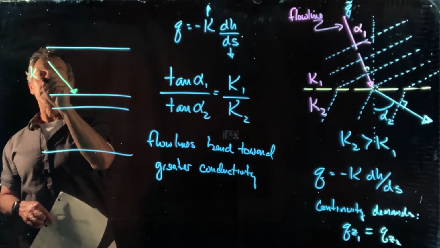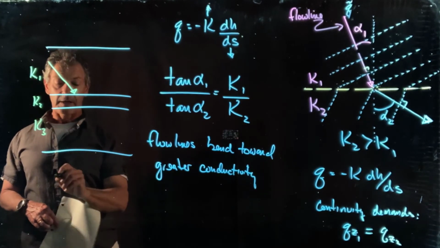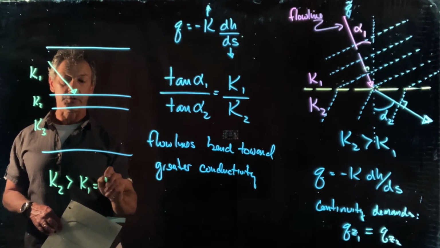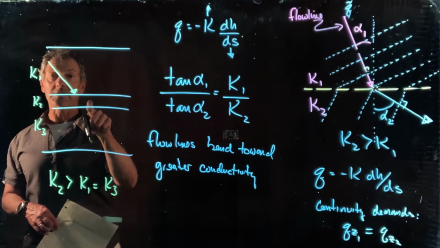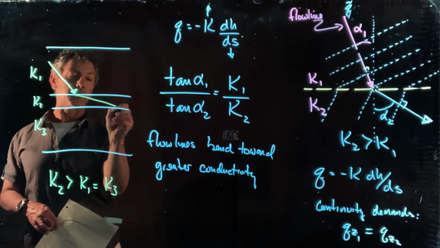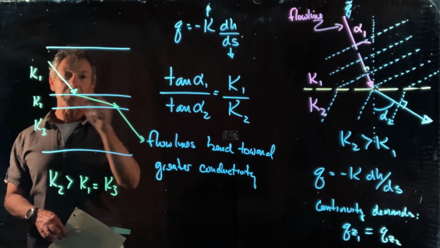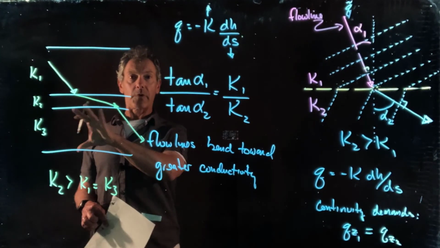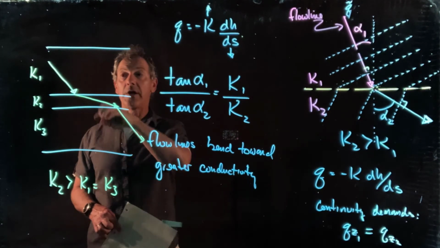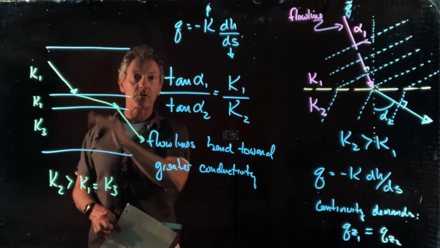So if we have K1, K2, K3, and K2 is greater than K1 and K1 equals K3, so in other words, this is a higher hydraulic conductivity layer, then we'll have this thing bend something like that, and then it's going to come out the other side. Right? So this means that in layers of greater hydraulic conductivity, we're going to see more horizontal flow. And in layers of lower hydraulic conductivity, we're going to see flow that's trying to cross those.